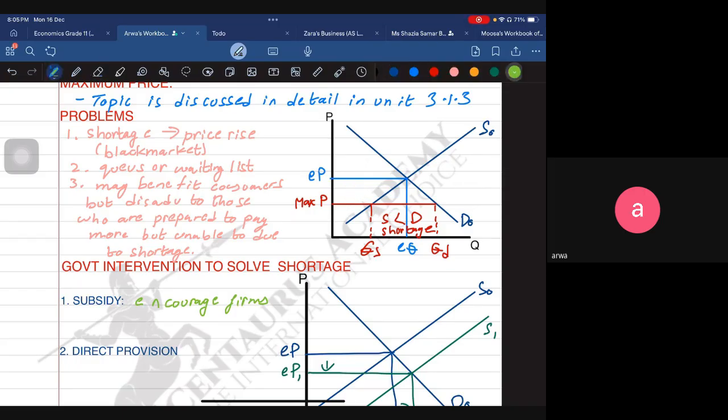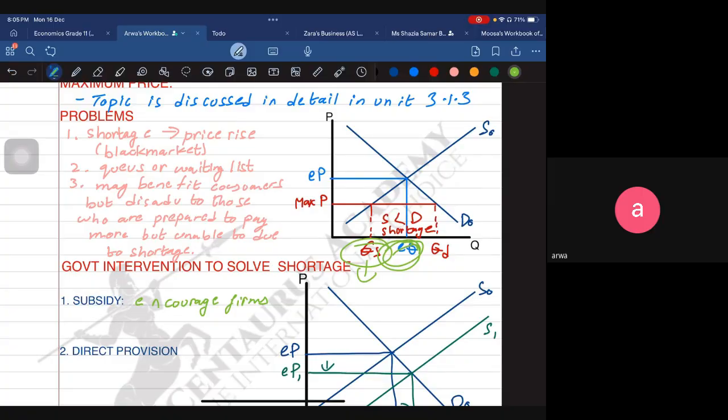It's a loss. The government's task is not just to pass an order, because that would only result in a disequilibrium in the market that the government cannot afford. First people were buying here, now they are not even able to buy this much amount; they have to buy this much because the supply is standing here.